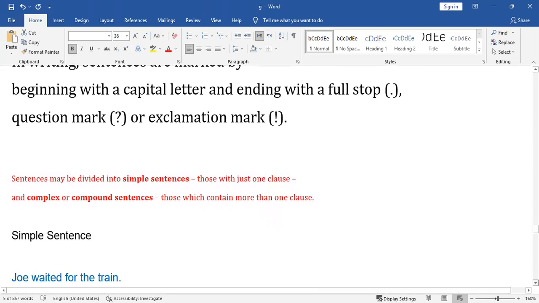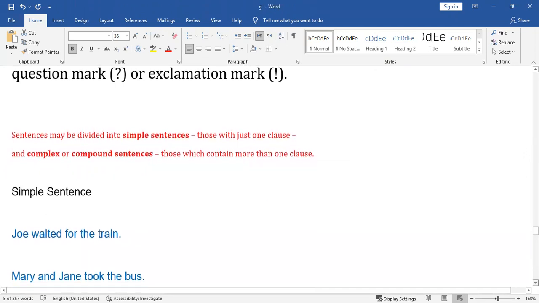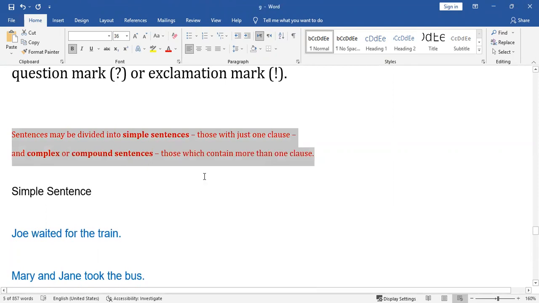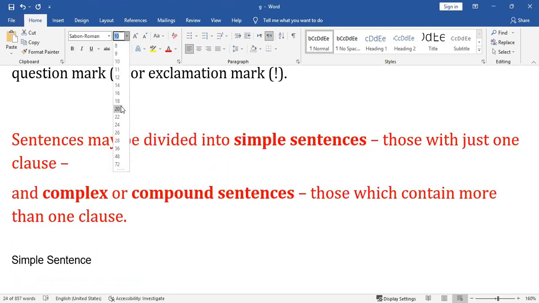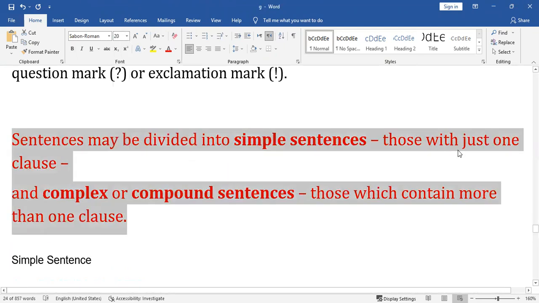لكن من ناحية التركيب sentences may be divided into simple sentences, those with just one clause. يبقى simple sentence has just one clause.